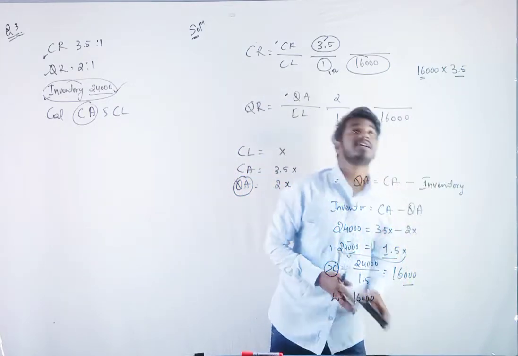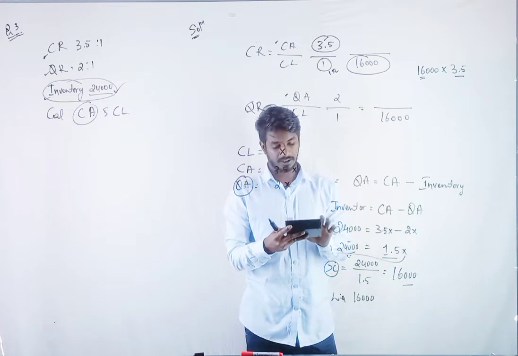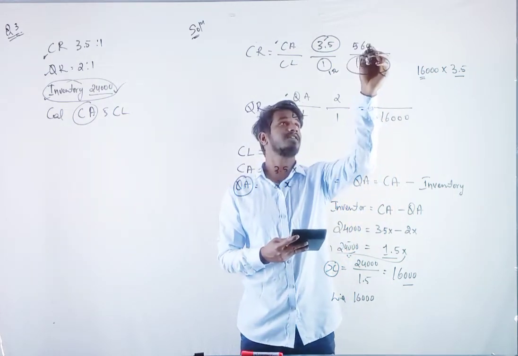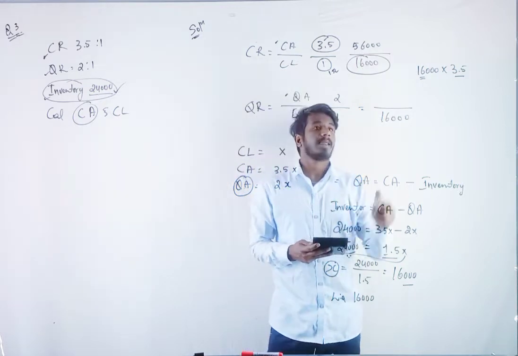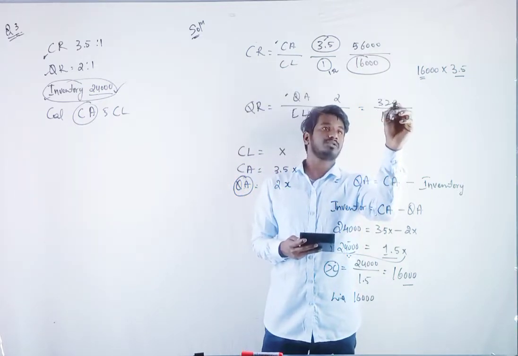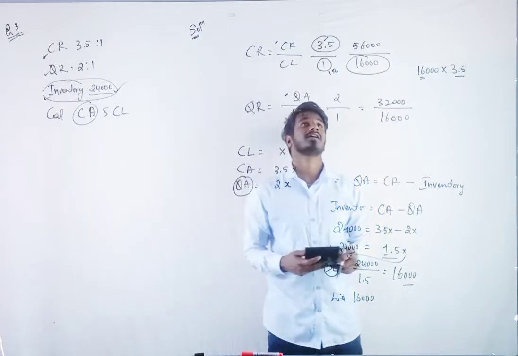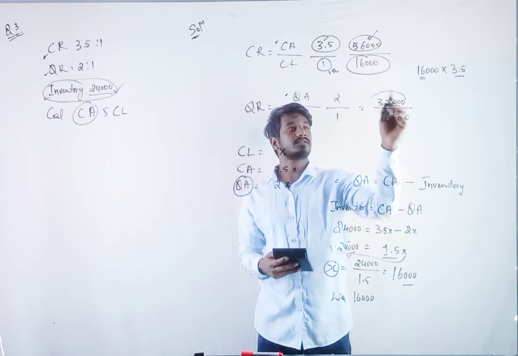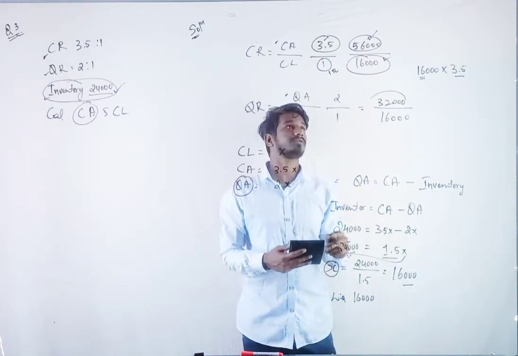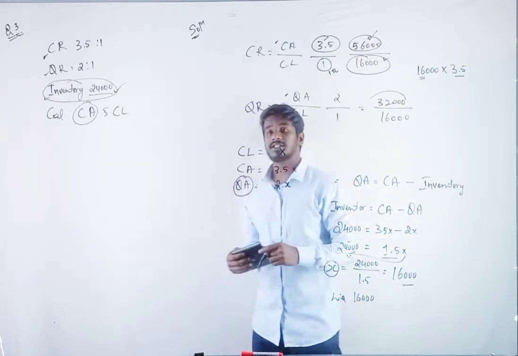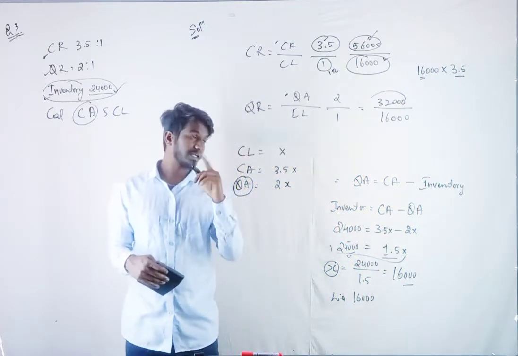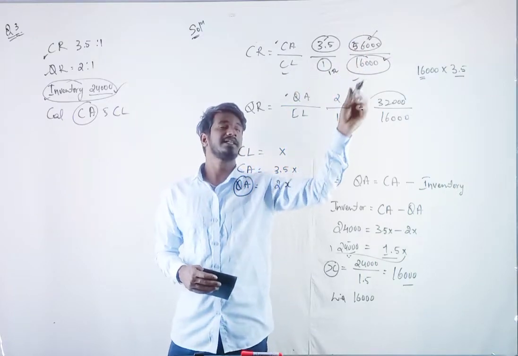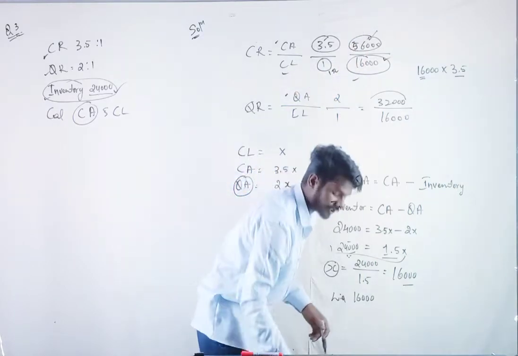How much does it become? 16,000 into 3.5, 56,000. In the same manner, quick asset comes out 32,000. We got current asset, and current liability also we got. That's it. You can write separately current asset 56,000 and current liability 16,000. The question is done.